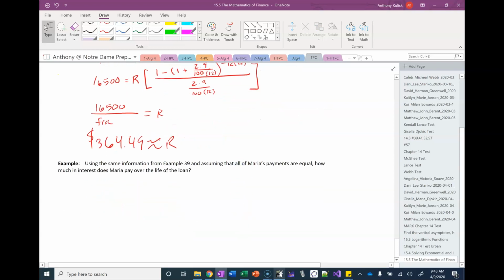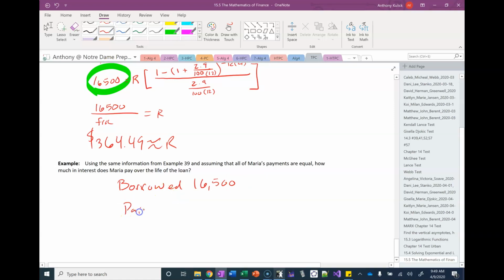So using the same information from the previous example and assuming that all of Maria's payments are equal, how much interest does Maria pay over the life of her loan? Well, we know that we borrowed $16,500. That was our present value.